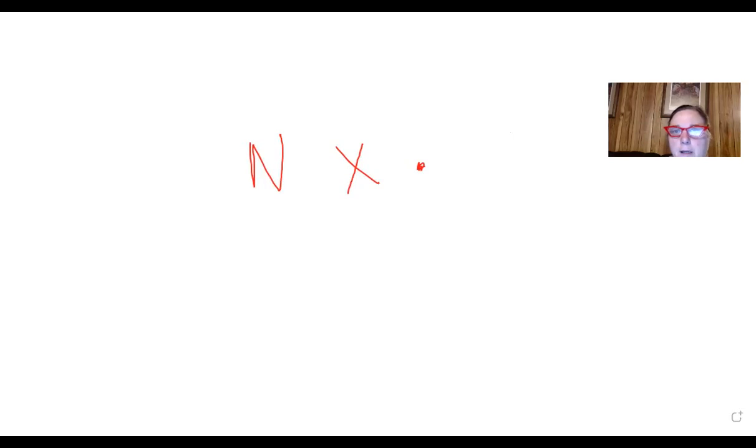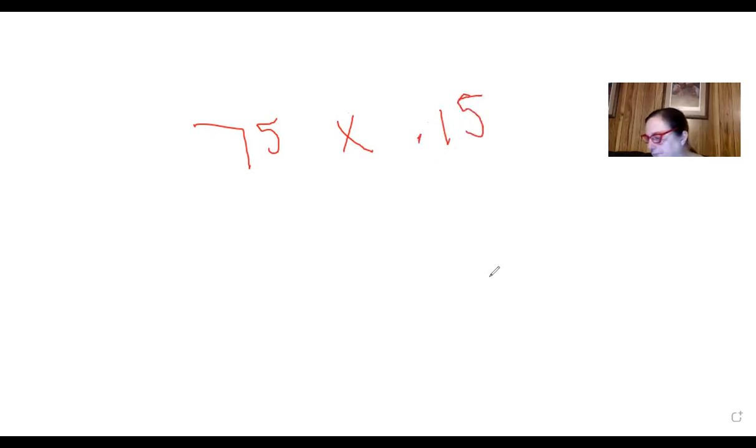So let's say you go to the sale and you spend $75, and they're offering you a discount. Let's do a 15% discount, so we're going to do decimal 0.15 times 75.